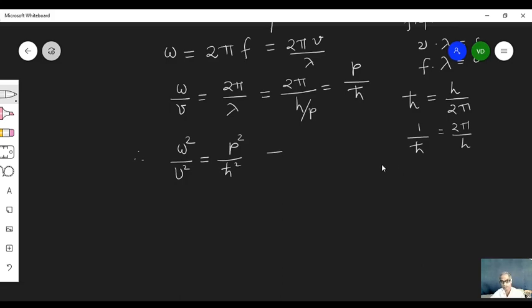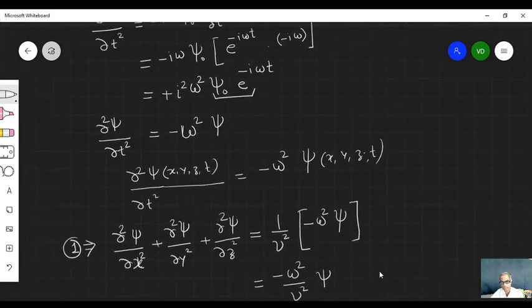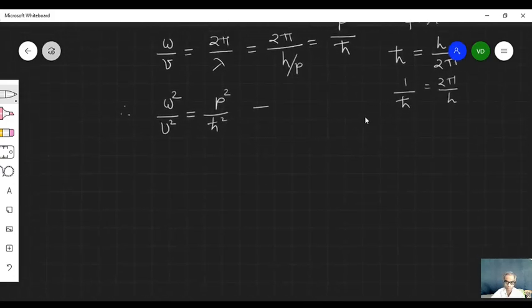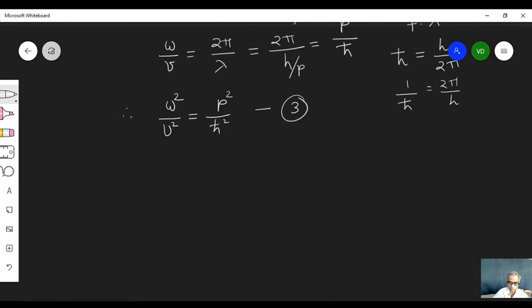So let us write this equation as equation 3. So what is p square? P square is nothing but m square v square, because p is mv, the momentum. So I can rearrange the term: I want half mv square here, so that I can arrange it as kinetic energy. So I write 2 here and then divide by m.